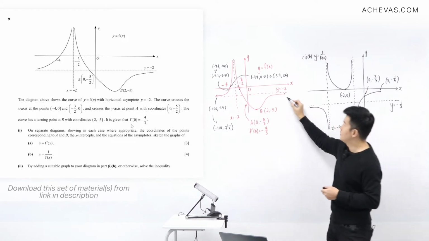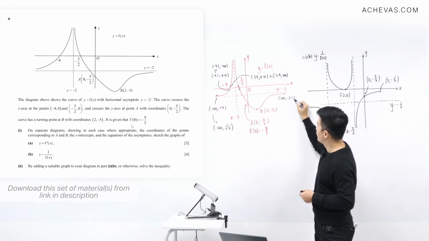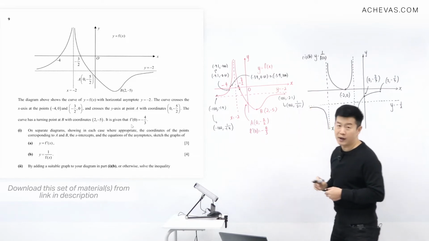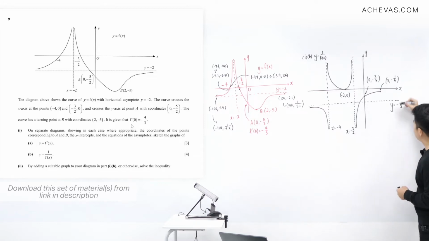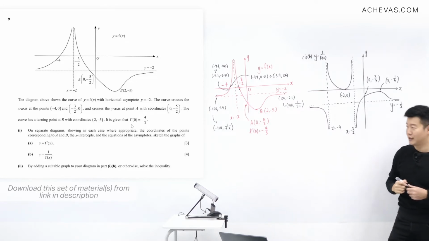A point that is here will be, let's say, x is positive 100 and y is going to be negative 2.1, which will be transformed to positive 100 and 1 over negative 2.1, which is going to be bigger than minus half. So from here, I'm going to go to a point that is bigger than minus half. Since it's a horizontal asymptote, I'm going to sketch it in this way. So now we have the graph of y is equal to 1 over f(x).